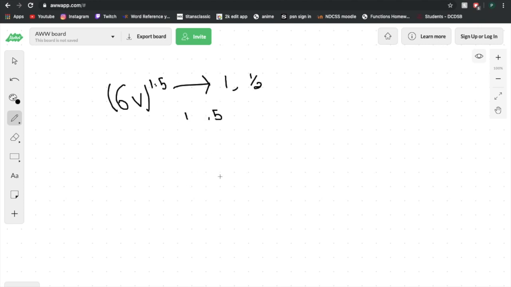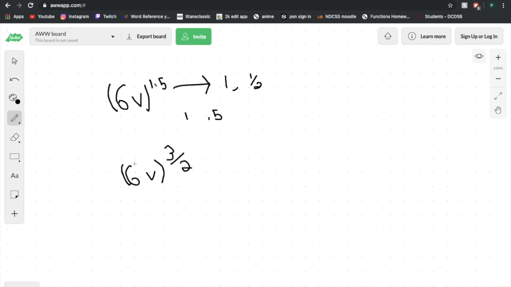So if we use a denominator of 2, we could safely say 1.5 is equal to 3 halves, right? Saying that, let's rewrite 6v to the power of 3 over 2.